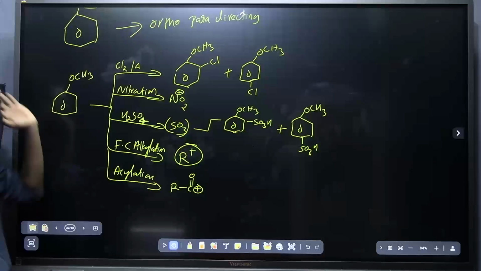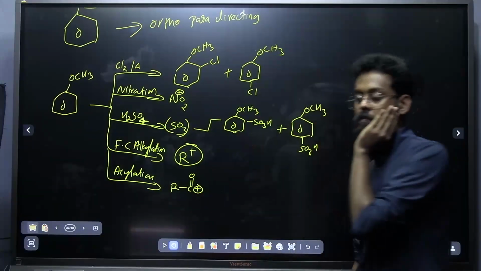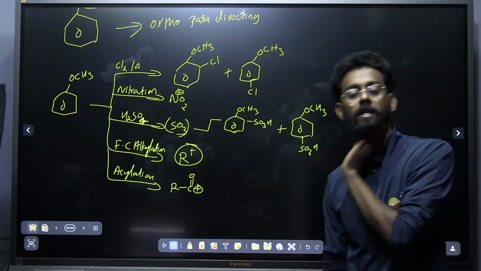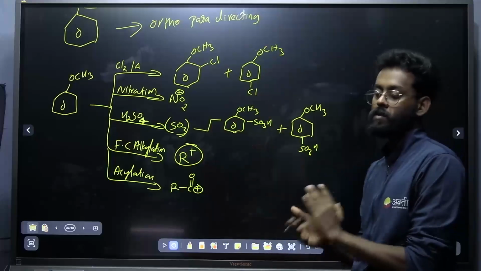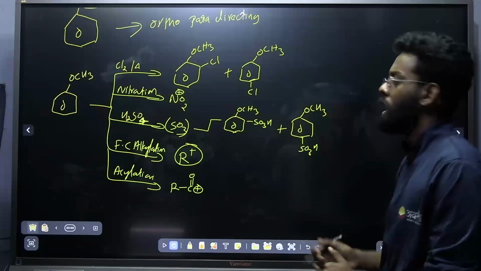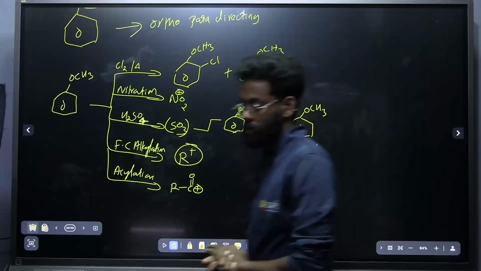So this is the complete idea about electrophilic substitution reactions of anisole. It is ortho-para directing because OCH3 is an activating group. Just know the electrophile and attach it at the ortho-para position of the benzene ring. That's the only thing you have to do.